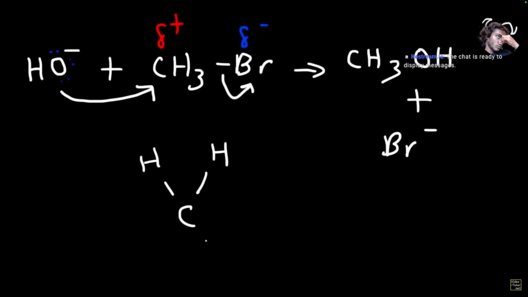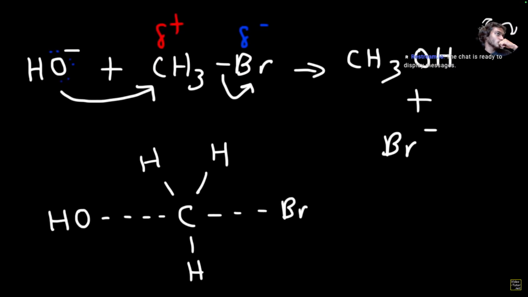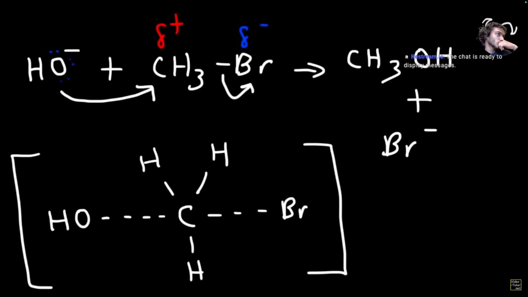Here we have the 3 hydrogen atoms attached to the carbon, and we have a bond being created between the oxygen and the carbon atom, and a bond that's breaking between the carbon and the bromine atom. Carbon bears a partial positive charge, bromine bears a partial negative charge, and the same is true for hydroxide.